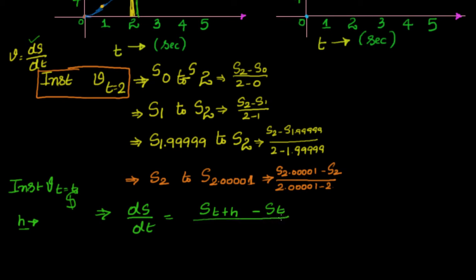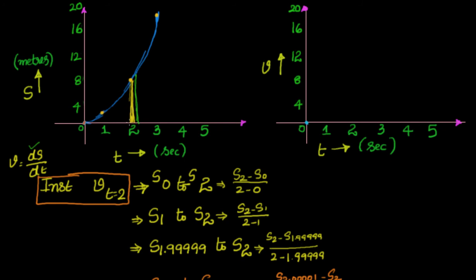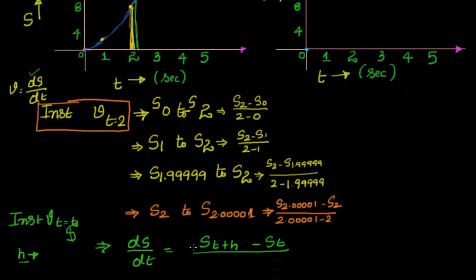You are saying that at the time at which you want instantaneous velocity, take a time and add to that time a value h which is almost equal to 0. Now find out the difference between their distances and divide that by the time.